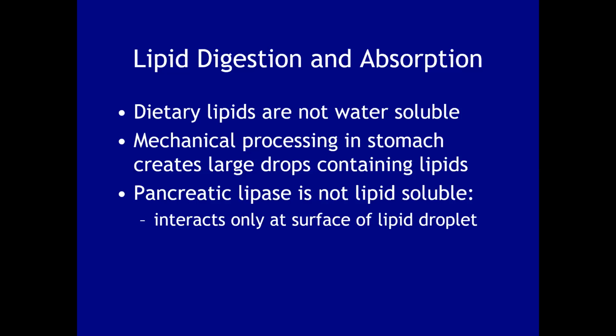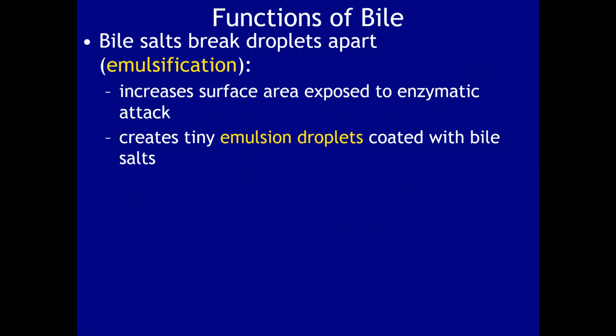Well, how do you get that to be completely emulsified? Well, it's because of bile in your body that allows for the droplets to be broken apart. Now, if you continue and continue to shake the salad dressing, you'll actually get to where you have just tiny droplets of oil.